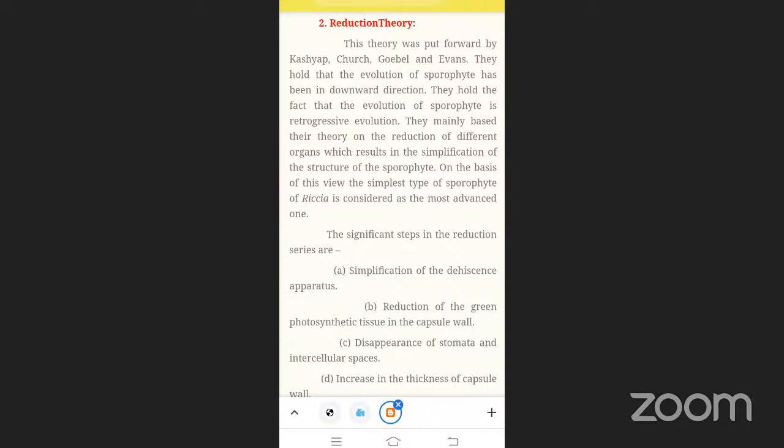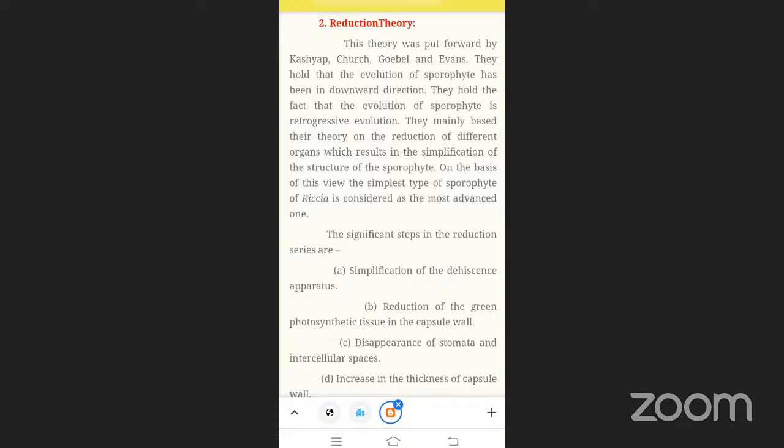Church, Gamble and Evans proposed this theory. The evolution is downwards, in a direct series, showing retrogressive evolution. There is ample evidence for this. This reduction is accompanied by simplification of the structure of the sporophyte.